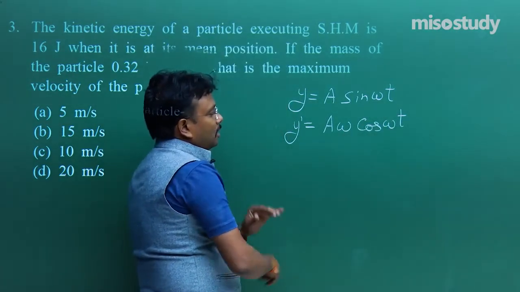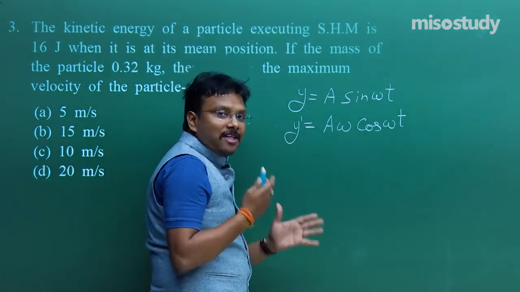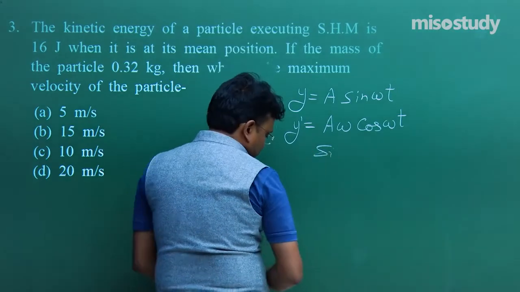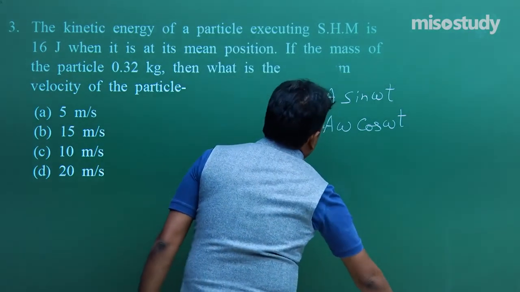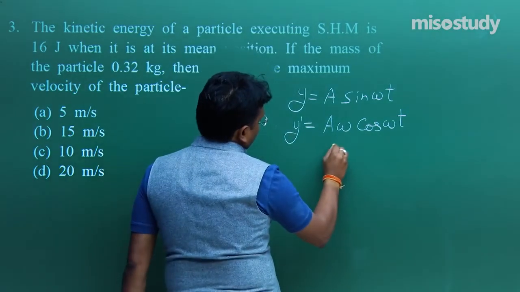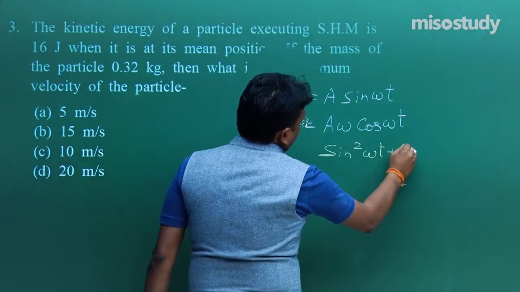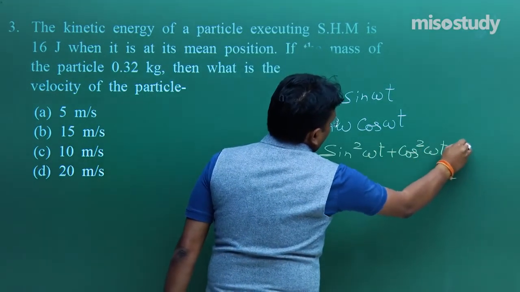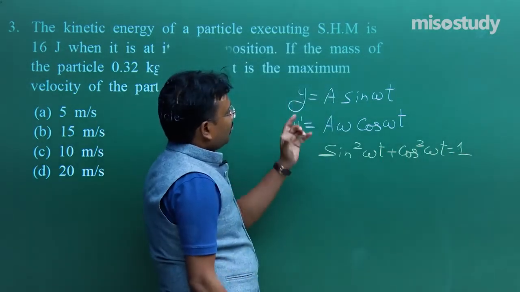Now, here I am going to do some sort of makeup of this function for some fancy dress competition. What is that? Sin, I think I should use a different color chalk. That is much better option. Sin square omega t plus cos square omega t is equal to 1. No problem. Now do one thing.